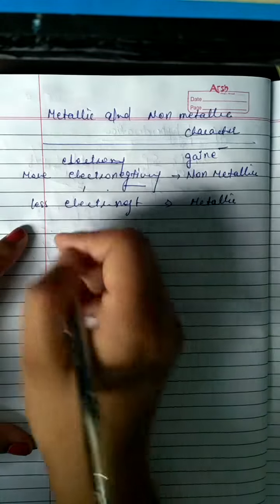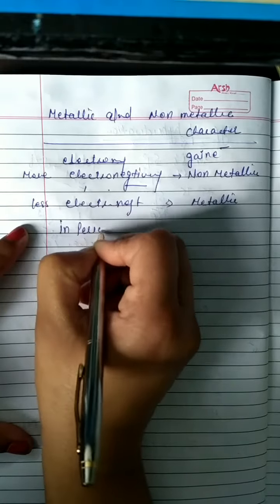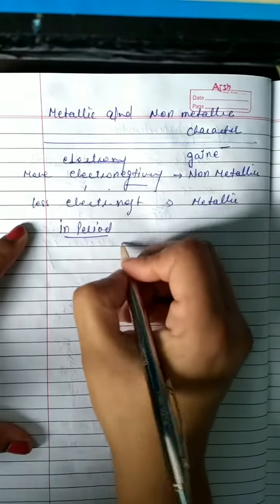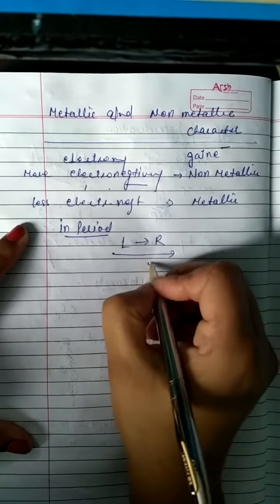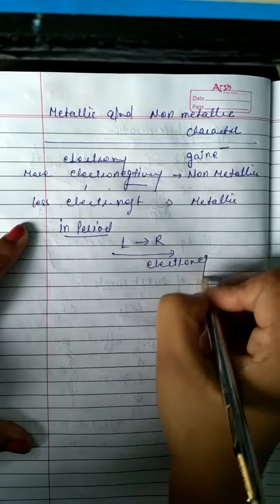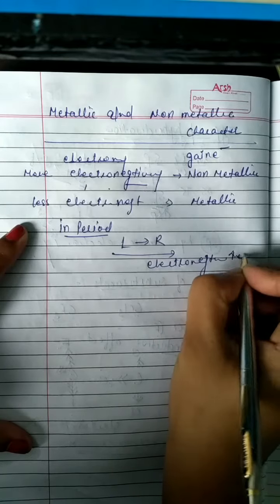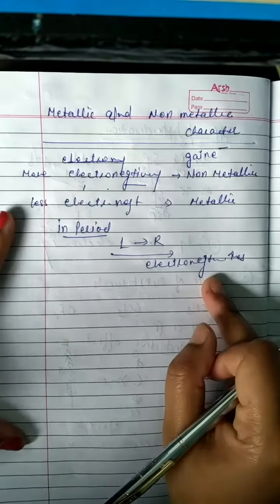Clear? Now, in a period, we are moving from left to right, and when we are moving from left to right, the electronegativity increases because they have a great tendency to attract the electrons towards itself.